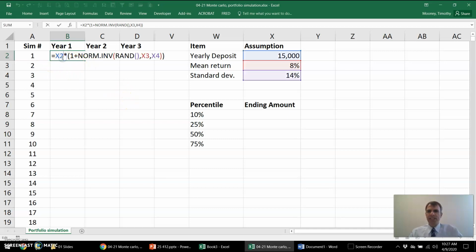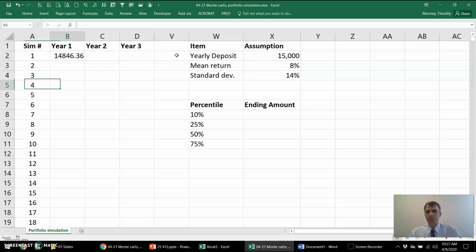And why don't I make the cell reference to the payment, the annual deposit, absolute. Let's also lock the mean and standard deviation, because we're going to copy and paste this down and do 1,000 simulations in this case. So in year 2, the formula will look similar, but with a little twist. After 2 years, what will the balance look like?